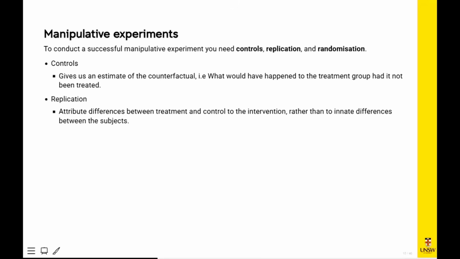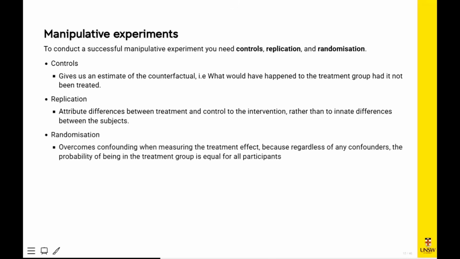And we need that because we need to be able to attribute any differences between your treatment and control to the intervention rather than to innate differences of the things that you're studying. So if you only have one observation in each group, you don't know if it's because the treatment happened to this person or this person just happens to be really good at math.